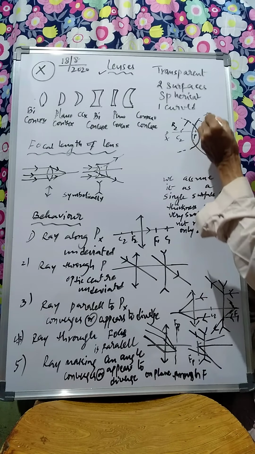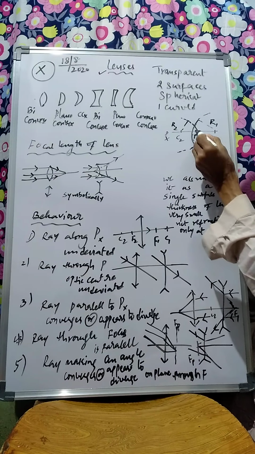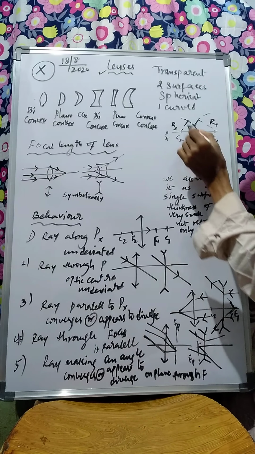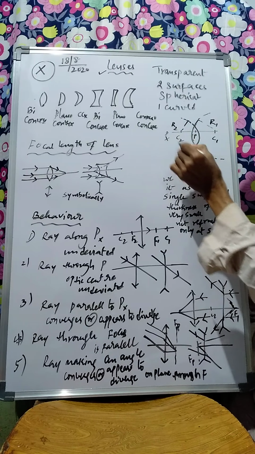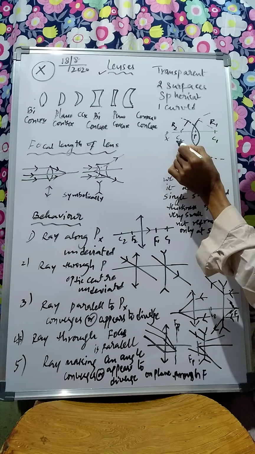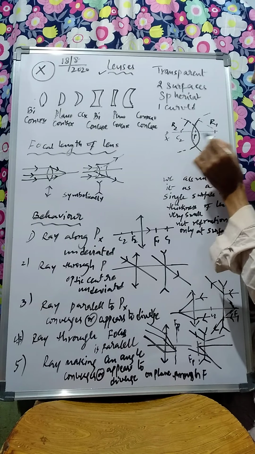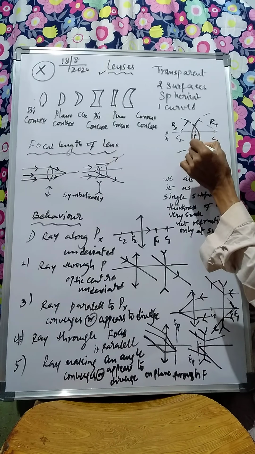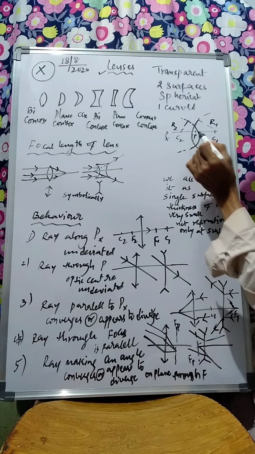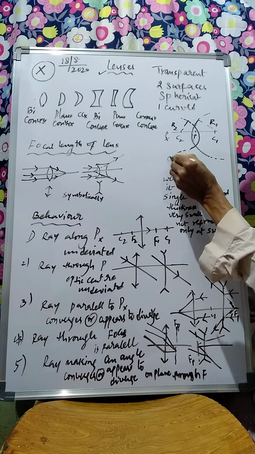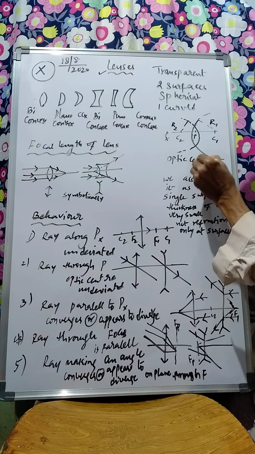This surface has center of curvature C1 and radius R1, and the other spherical surface has radius R2 and center of curvature C2. The line joining both the centers of curvature of the spheres is called the principal axis, and the center point of the lens is called the optic center. Earlier we called it the pole; now in a lens it is the optic center.